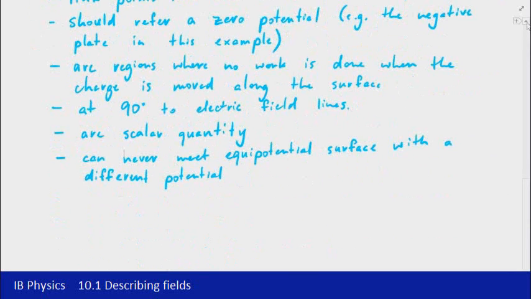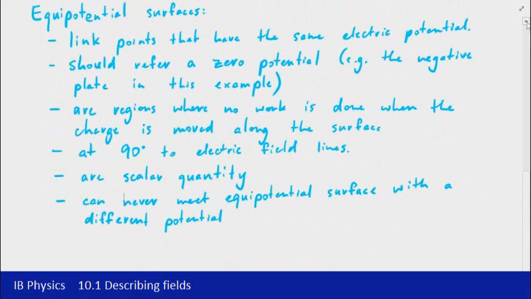So if we look at equipotential surfaces, this is the wording for electric fields, and we need to change a few words here. First of all, equipotential surfaces now will link points that have the same gravitational potential. They should refer to a zero potential. Here we've got that it should be the negative plate in the previous example we were looking at.